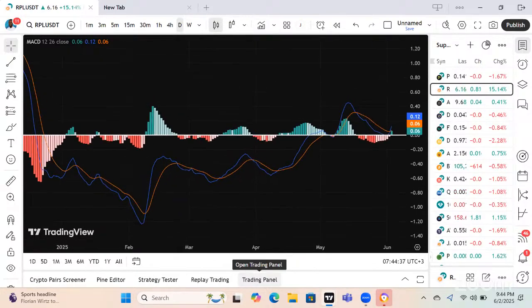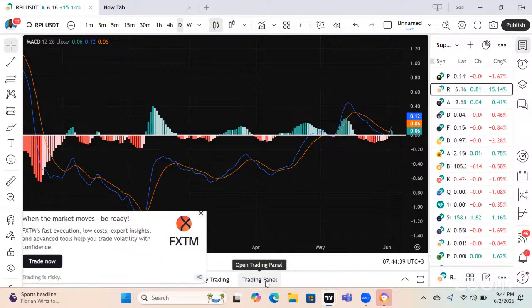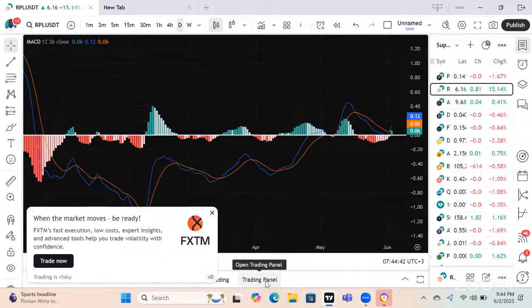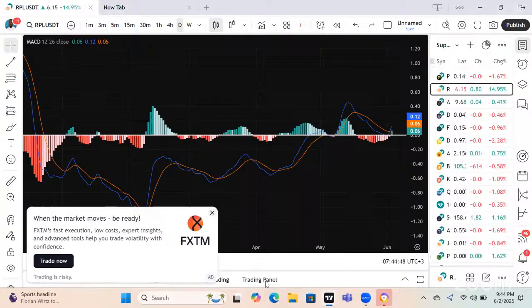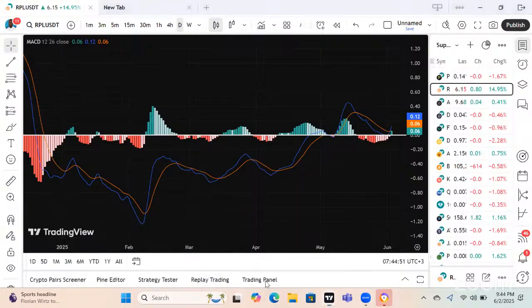yesterday we were able to understand the moving averages, and we said that whenever the blue line crosses the orange line, the blue line is a 12 moving average, the orange line is a 26 moving average.